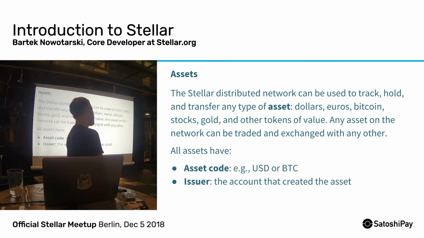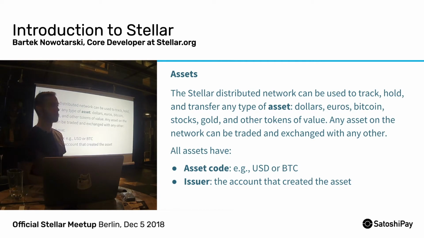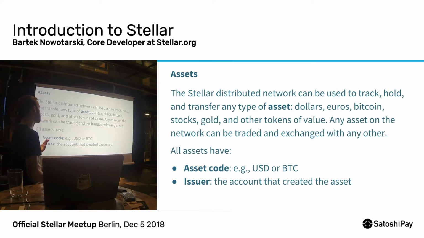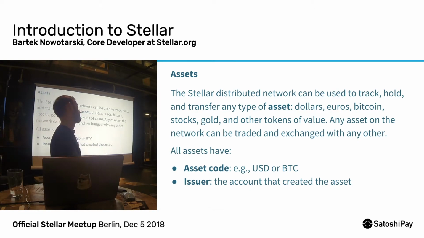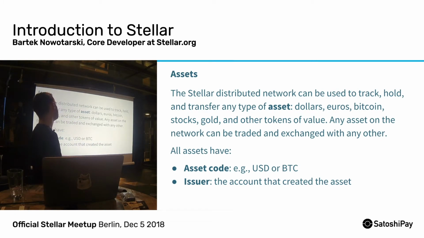In the very beginning, I mentioned that assets are something that really makes Stellar different. As I mentioned before, every account can issue an asset. It can be dollars, euros, Bitcoin, stocks, bonds, whatever you like, trading cards in some game. And every asset is defined by an asset code and the issuer.